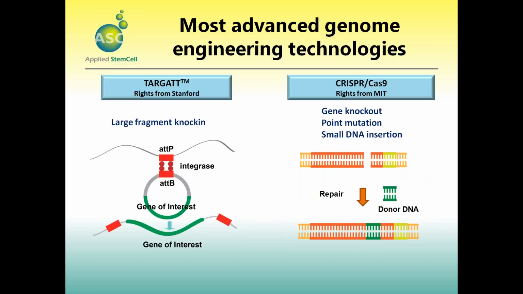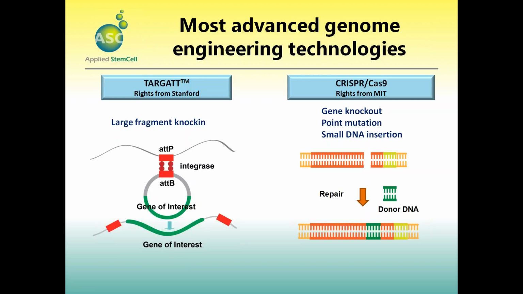Here, I would like to give you some background of our two genome editing technologies. TARGATT on the left side is an integrase-based genome editing tool, which we licensed from Stanford University. This technology requires pre-engineering a docking site we call attP at safe loci in the genome.